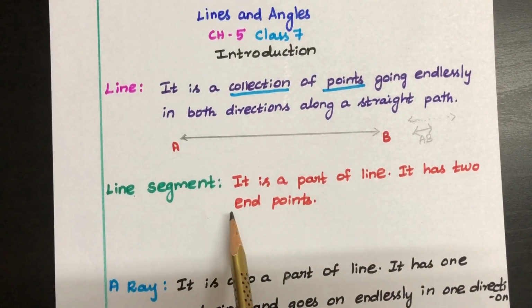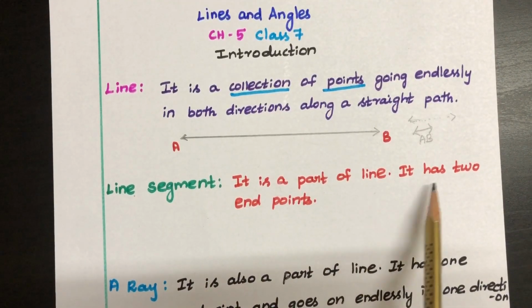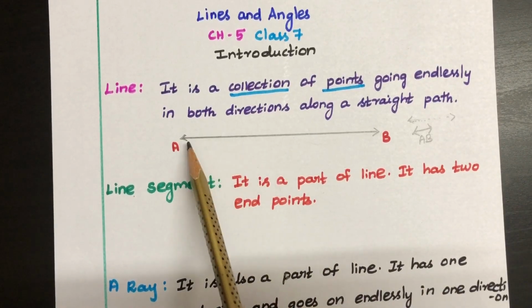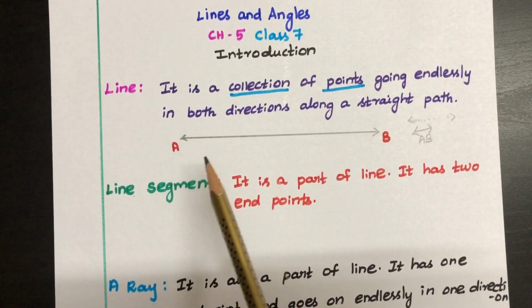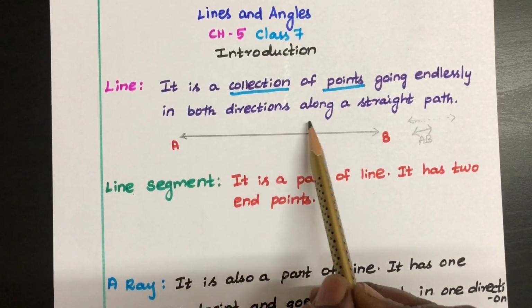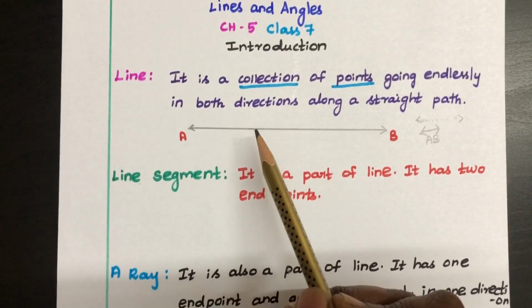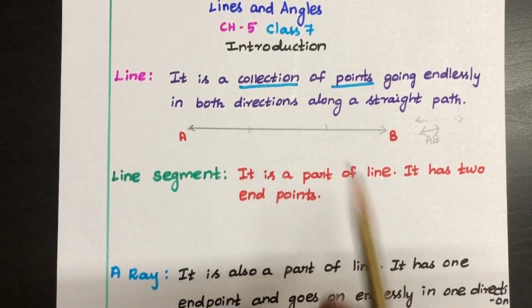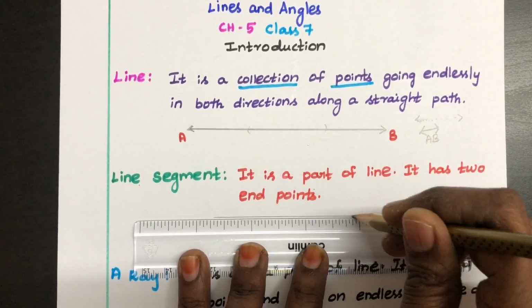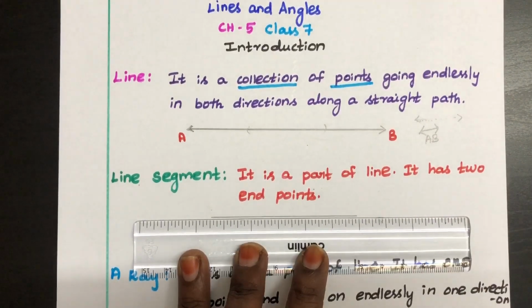Next, line segment. It is a part of a line. It has two endpoints. See here, this is a line, going endlessly on both sides. If you cut a piece of the line, here and here, you will get just a twig.